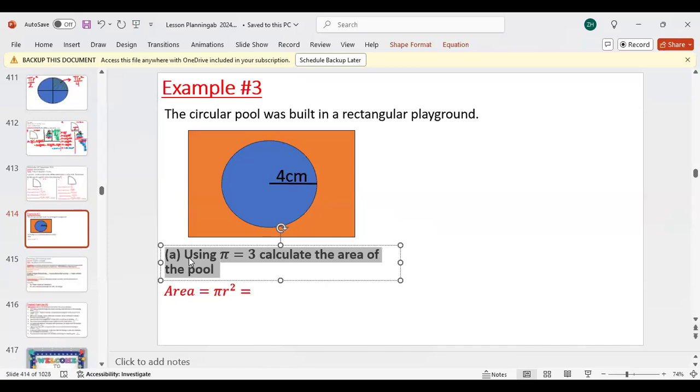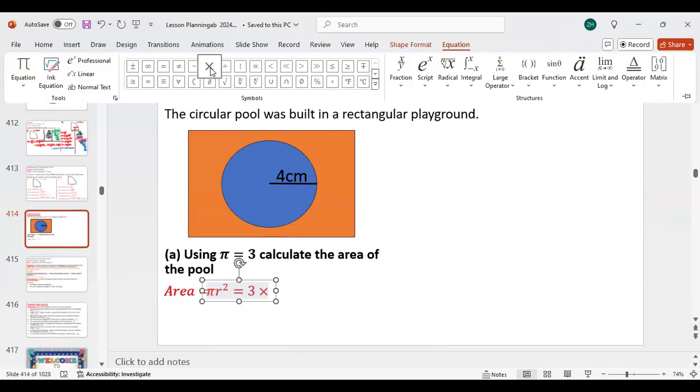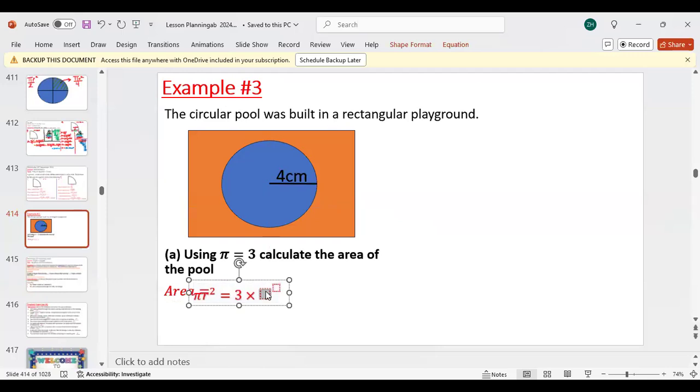Three. Pi is 3. So it's going to be 3 multiplied by what? 4 squared, because 4 is the radius, right?